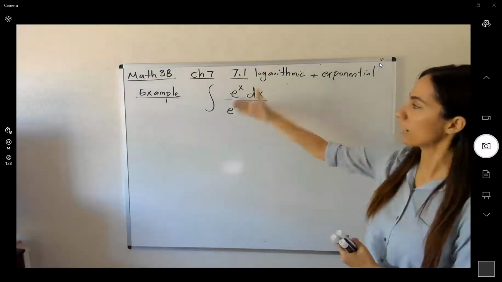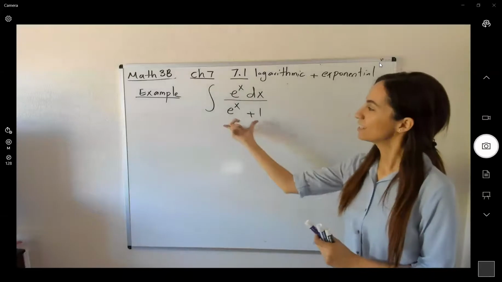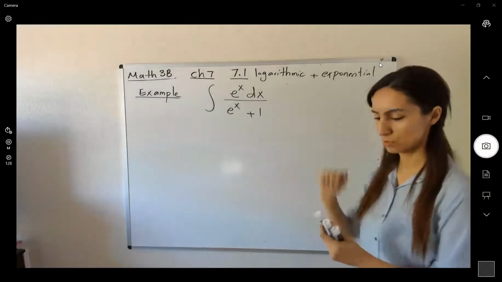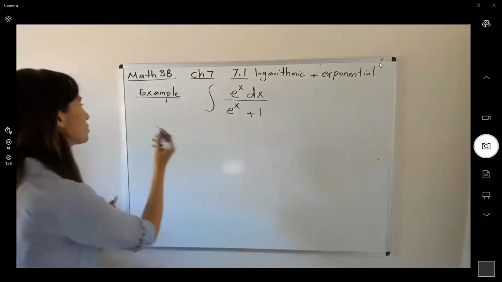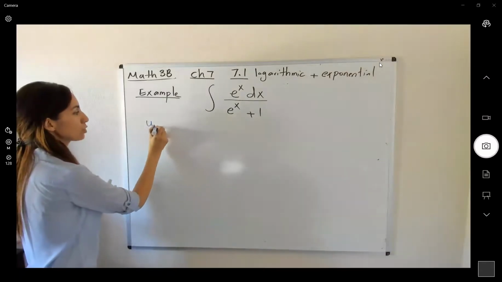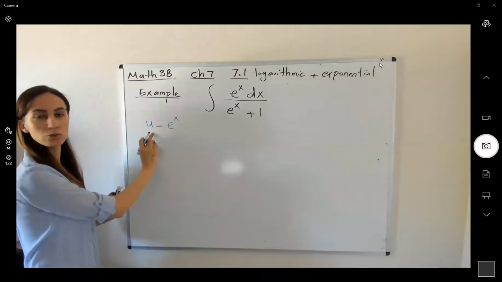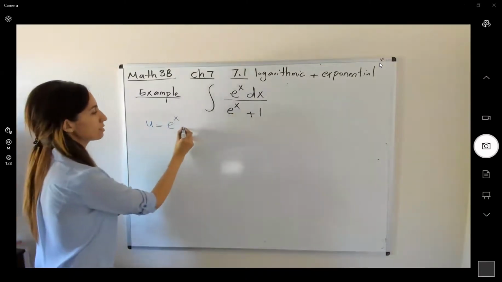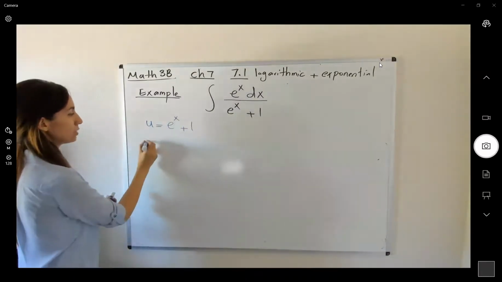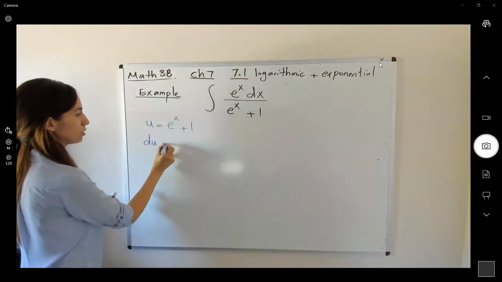Well, here we have a quotient function. Look at the denominator. Suppose you set this equal to a new variable like u. So u is e to the x plus 1. What's the derivative of u?